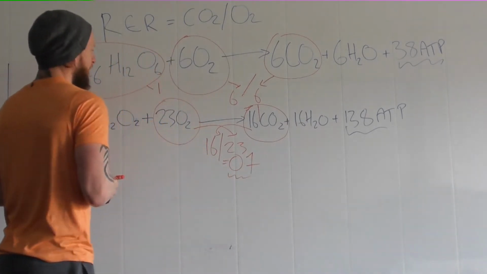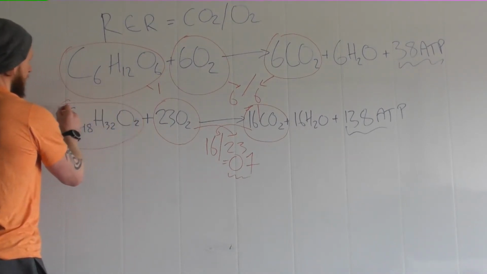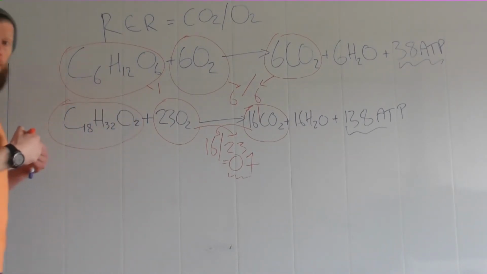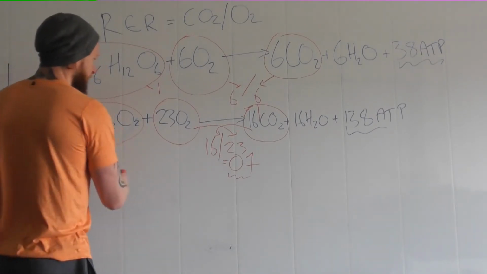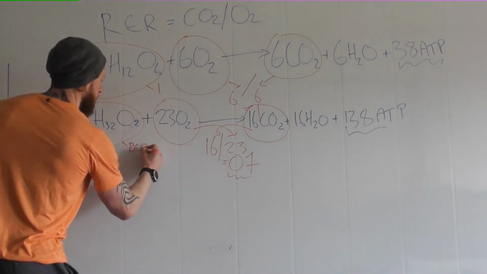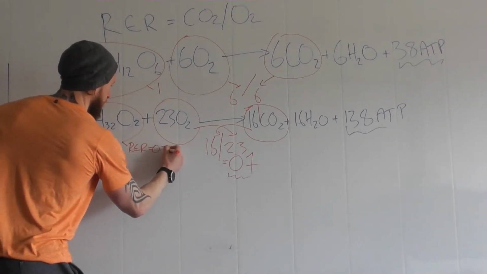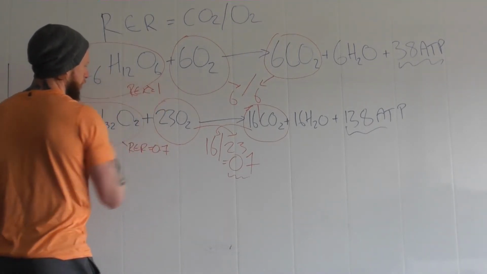Okay, so that means if we're oxidizing fatty acids fully, really chilled out, really low intensity exercise, almost at rest, our RER for this is 0.7. RER, put that there for clarity, equals 1.